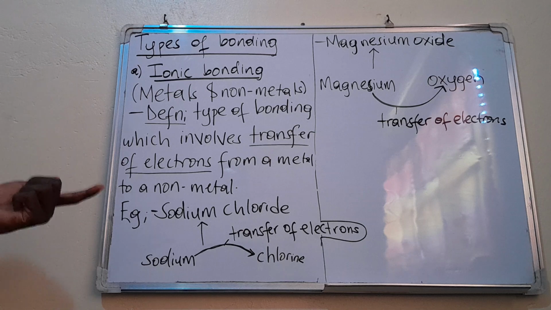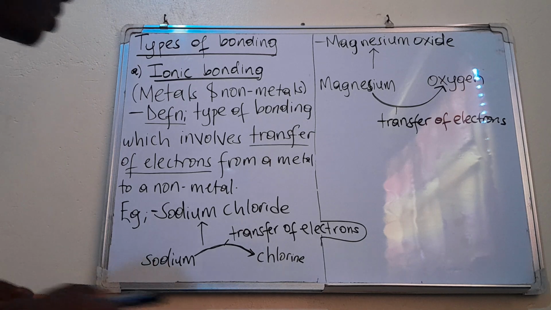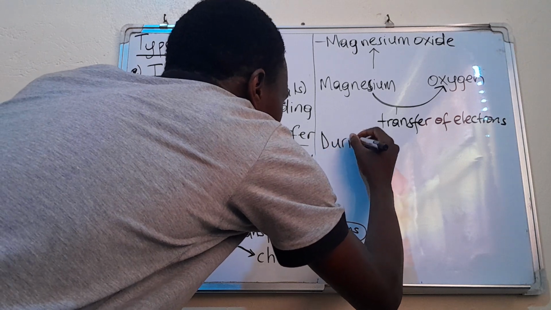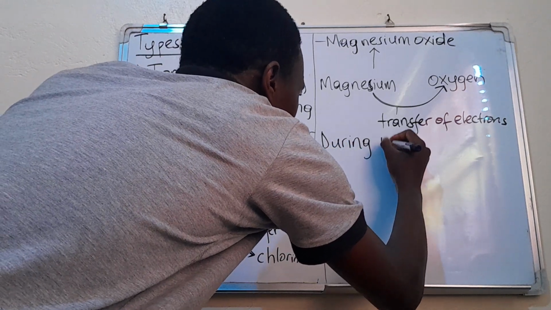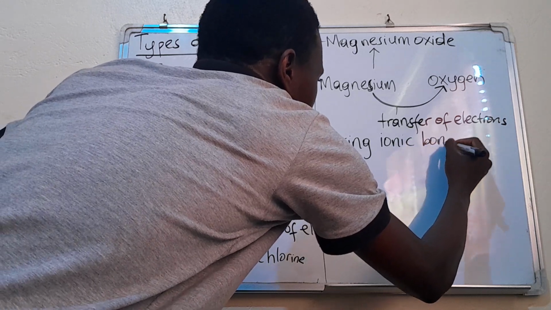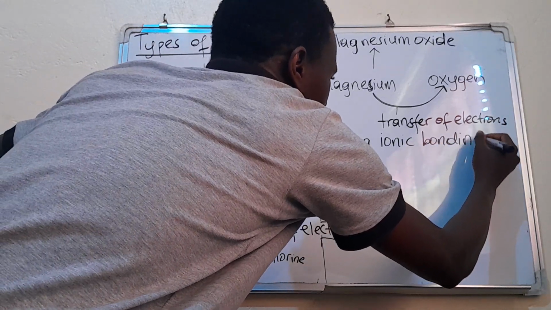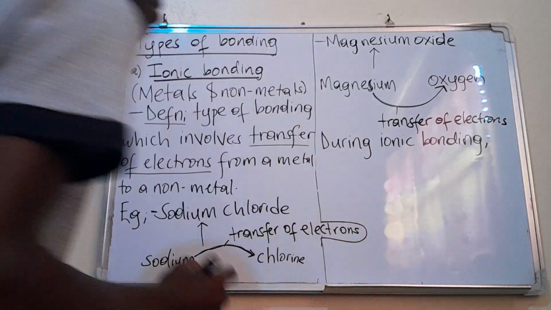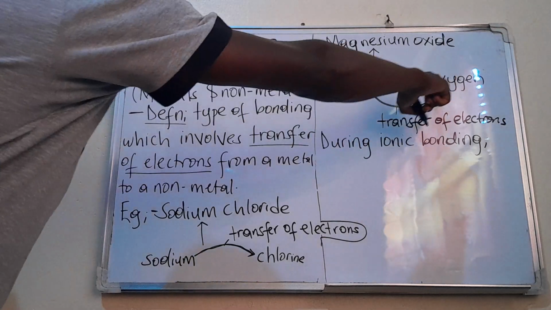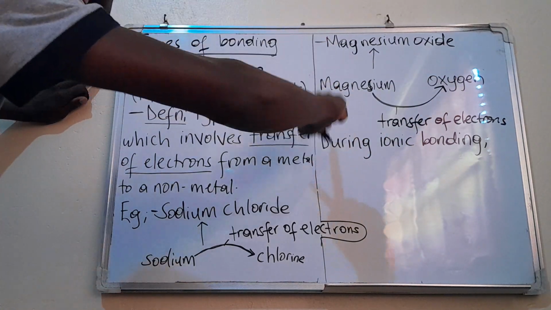That means that during formation of an ionic bond, the following things happen.